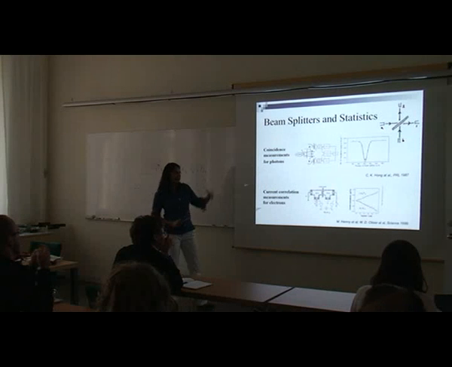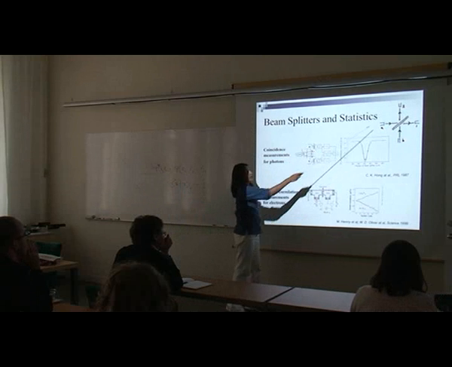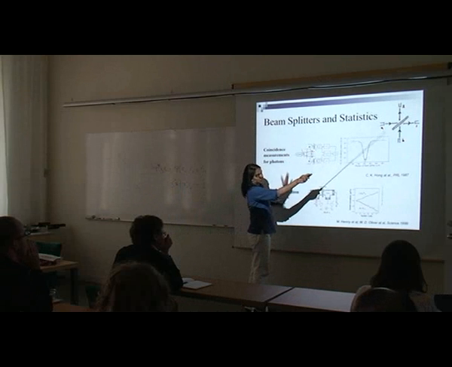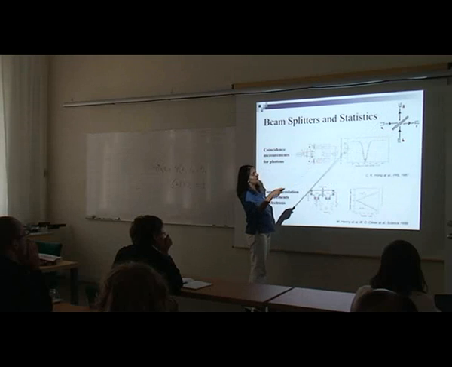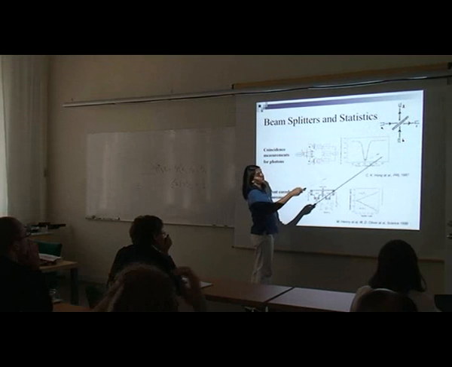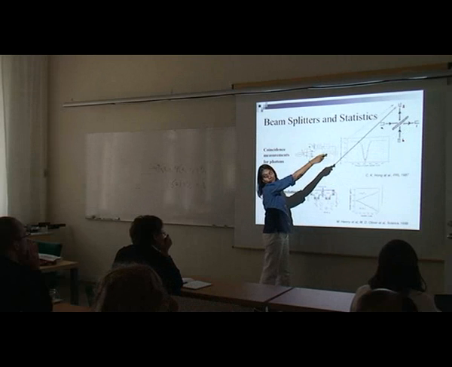Essentially, what this is showing you is coincidence measurements of two photons, not in the same detector, but in two different detectors. So the question that's being asked here is, what is the probability of measuring one photon here if I measure a photon there?